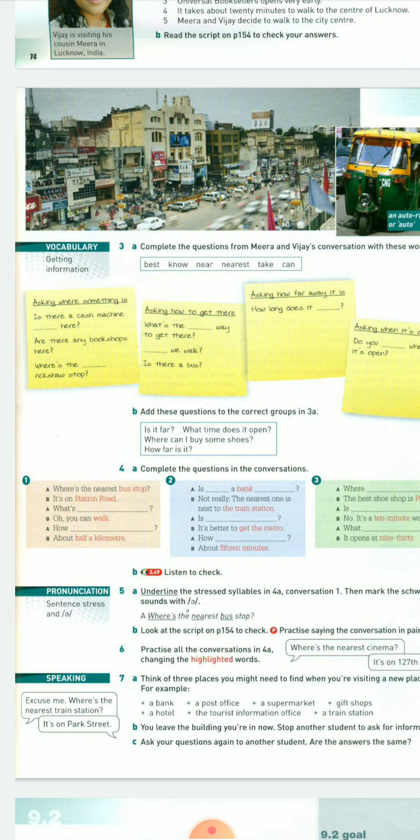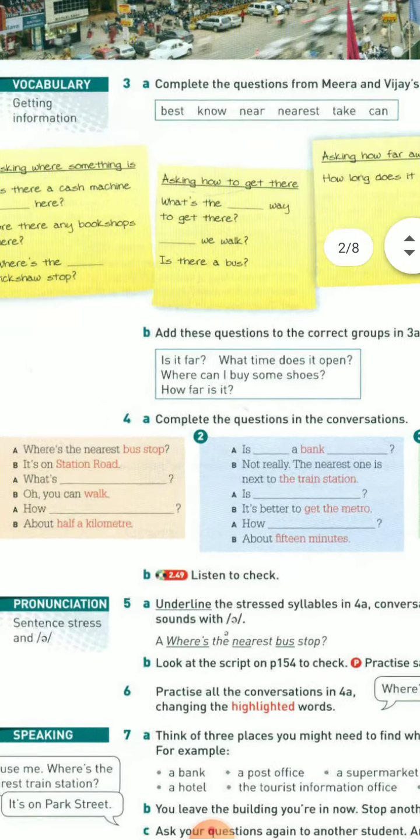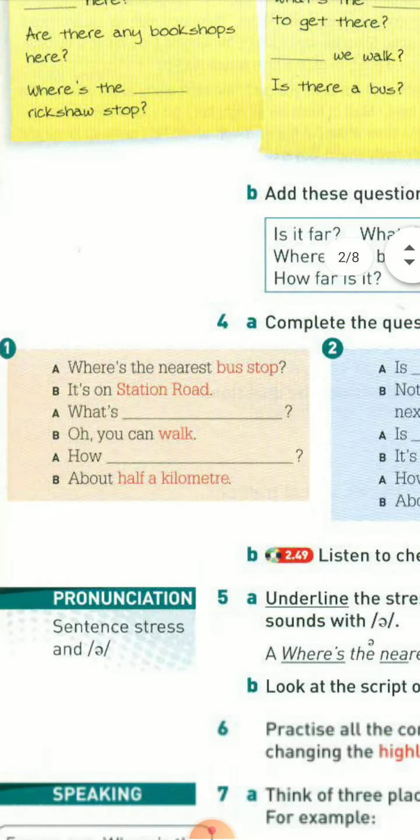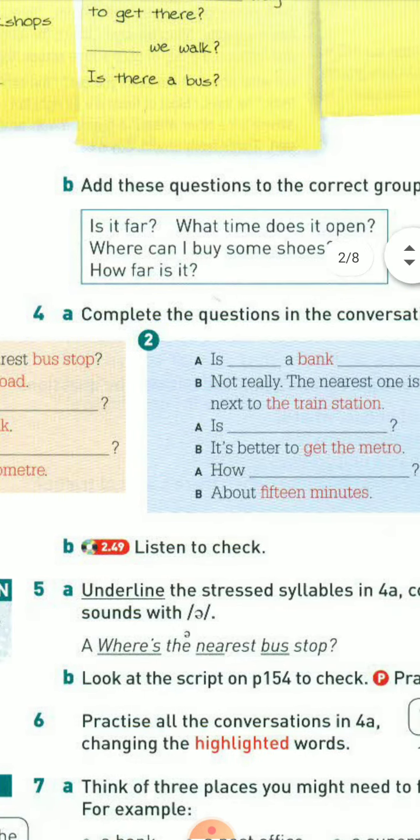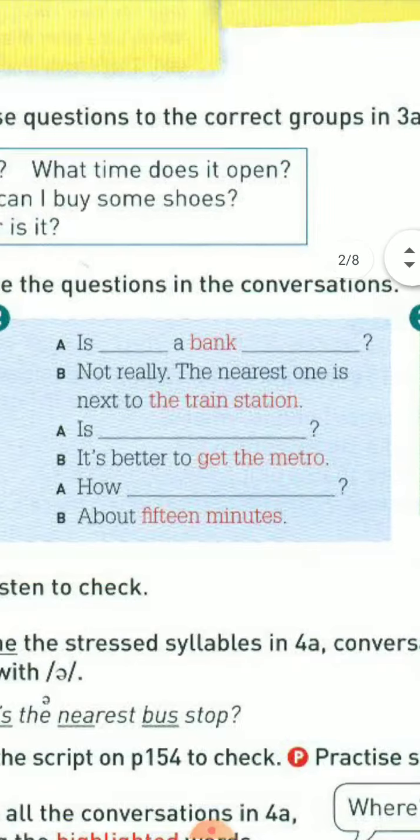Track 49. 1. Where's the nearest bus stop? It's on Station Road. What's the best way to get there? Oh, you can walk. How far is it? About half a kilometre. 2. Is there a bank near here?